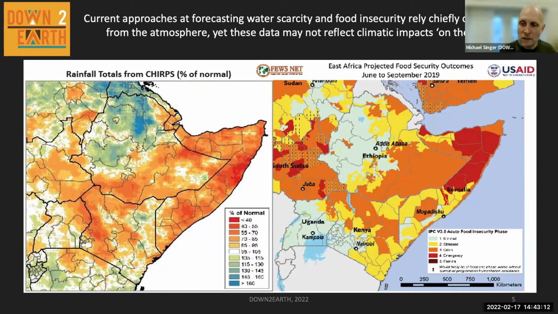So using atmospheric variables such as rainfall and temperature to make assessments of what might be happening in terms of impact on the ground. So on the left, you see an example from CHIRPS, a rainfall product that is used to convert into a map of projected food security for that same season of interest. Again, entirely based on the meteorological variables. Next slide.